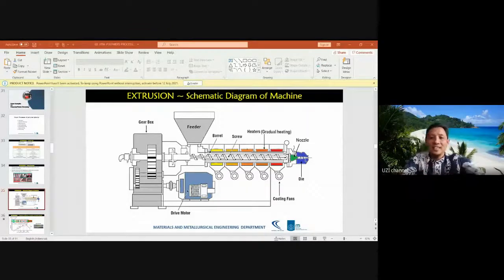Yeah. I think the thermoforming process is the easiest because we just deform the polymer. It is almost similar to metal forming. Metal is very easy to form.